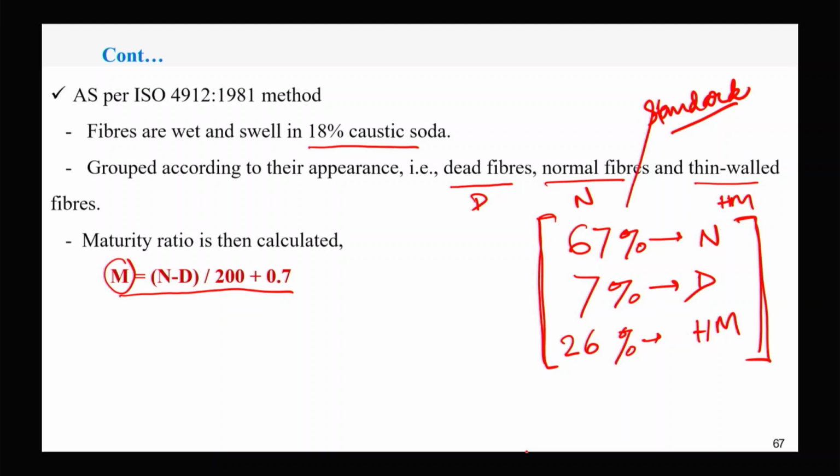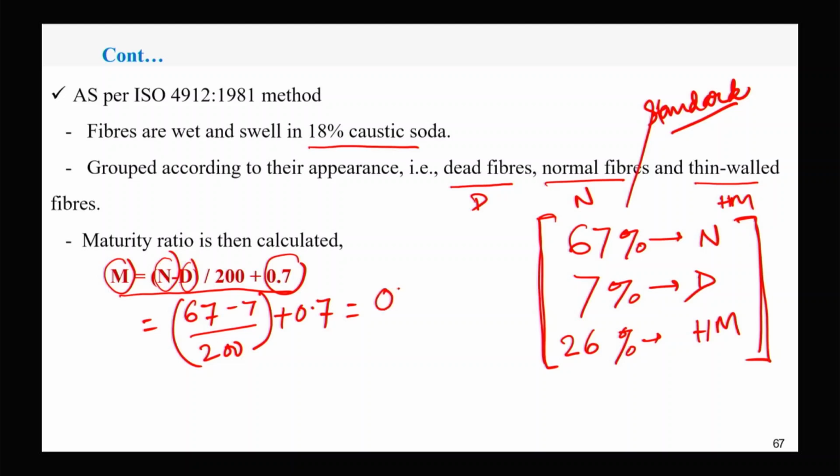Here N is the percent normal fiber and D is the percent dead fiber. How did this 0.7 come here? If you use (67 minus 7) by 200 plus 0.7, that means it will become 60 by 200, which is 0.3, plus 0.7.